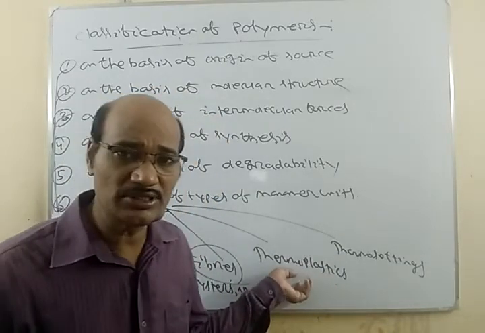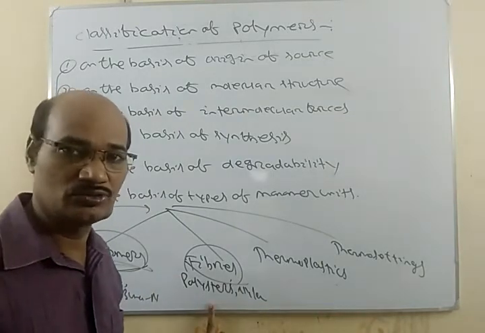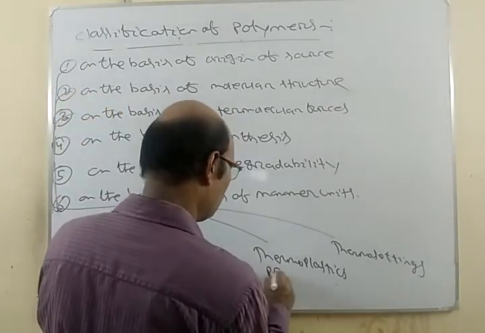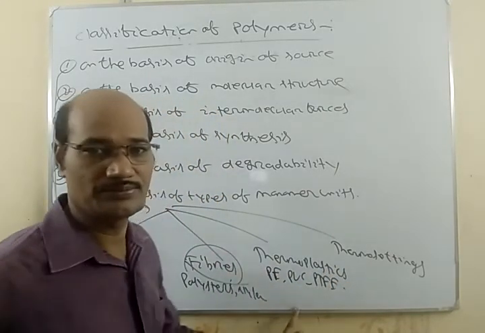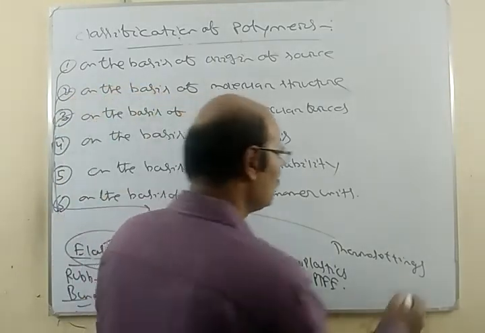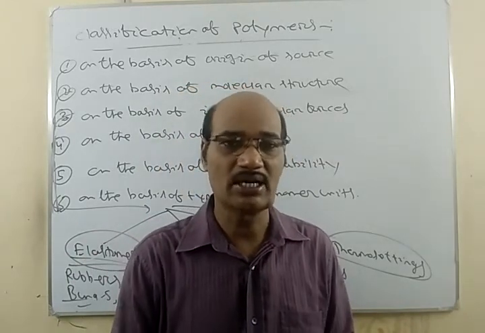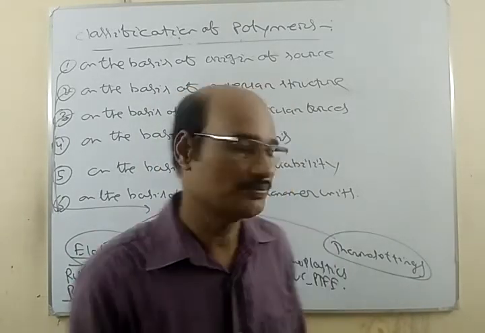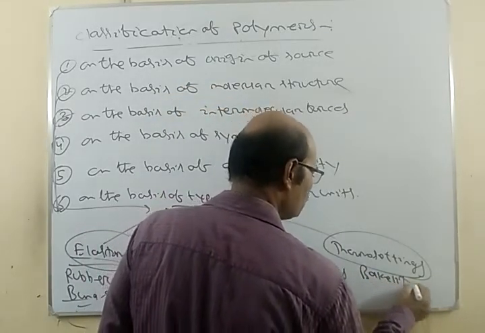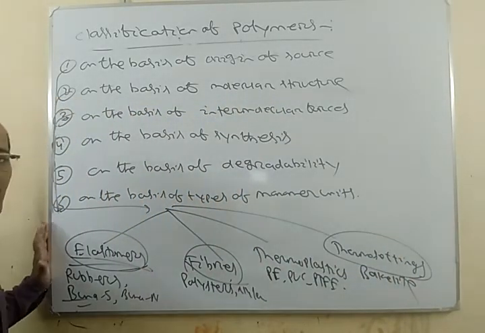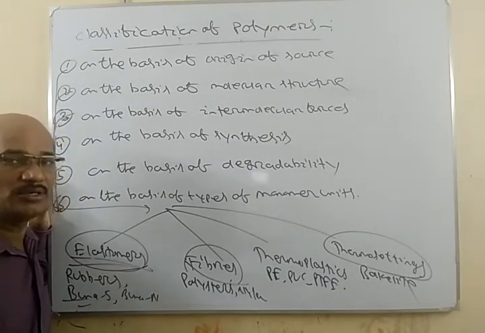The intermolecular force is in between the elastomers and the fibers. Example: polyethylene, PVC, PTFE, etc. Now thermosettings are those polymers which once set cannot be reshaped. Now bakelite. Okay. So elastomers are the polymers having very weak intermolecular force of attraction between the monomers.